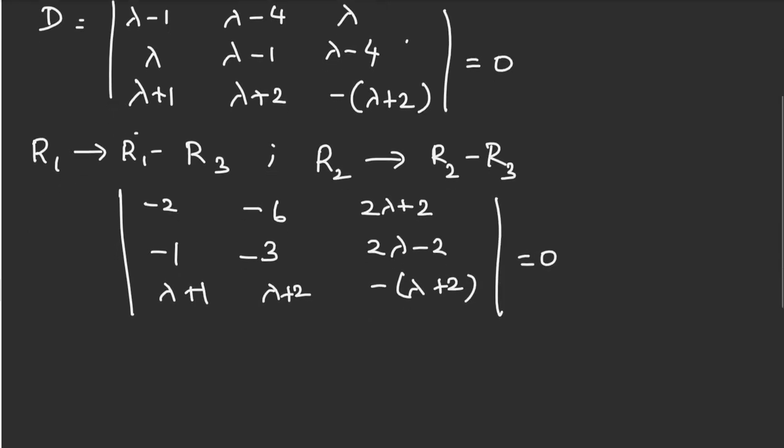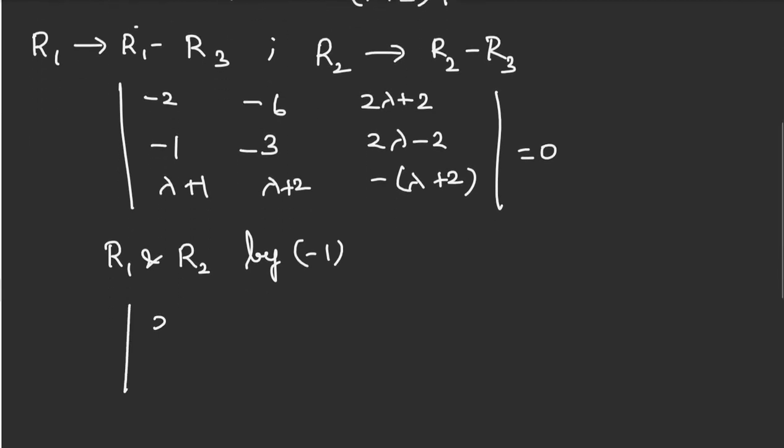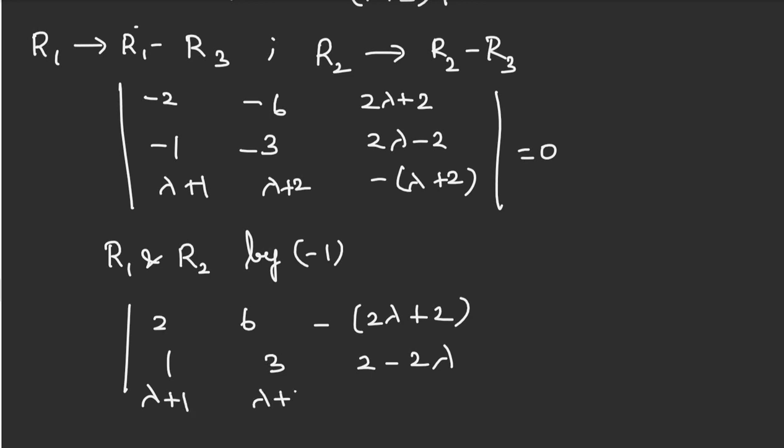Now multiply R1 and R2 by minus 1. So we get the determinant 2, 6, minus of 2 lambda plus 2; 1, 3, 2 minus 2 lambda; lambda plus 1, lambda plus 2, minus of lambda plus 2.